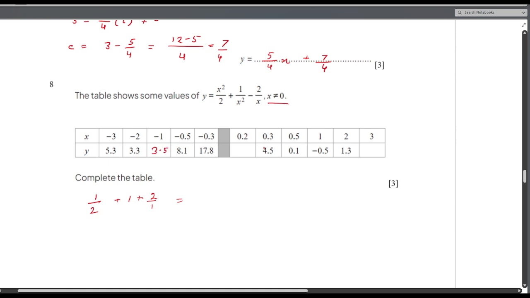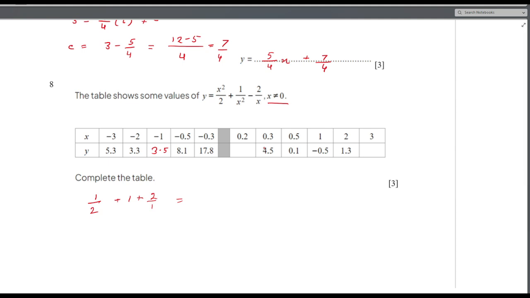Okay, now 0.2. If I take 0.2, so x square, 0.2 square divided by 2, okay, plus 1 divided by 0.2 square, minus 2 divided by 0.2.